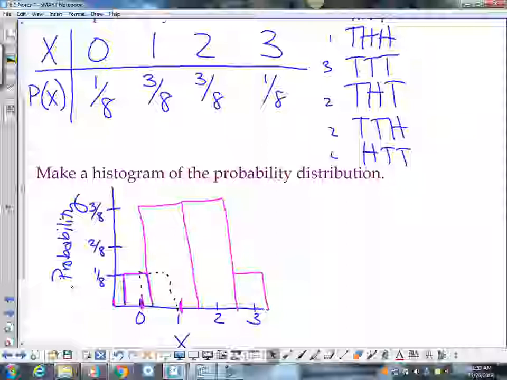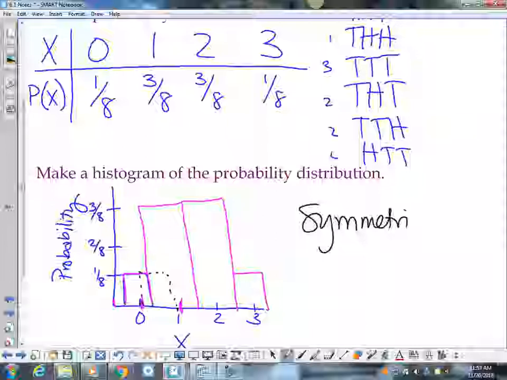What do you notice about this distribution? The board is struggling. It is symmetric. Is it unimodal?